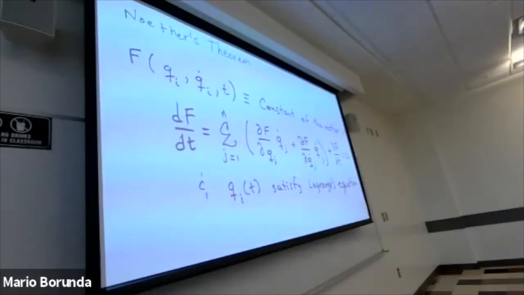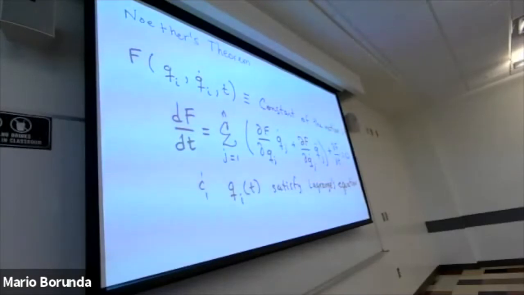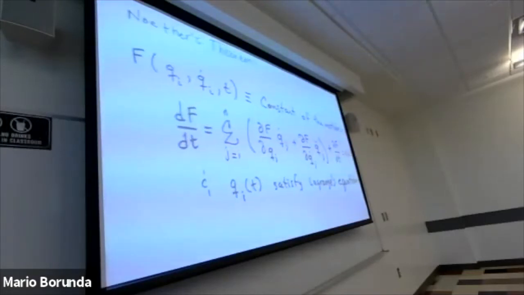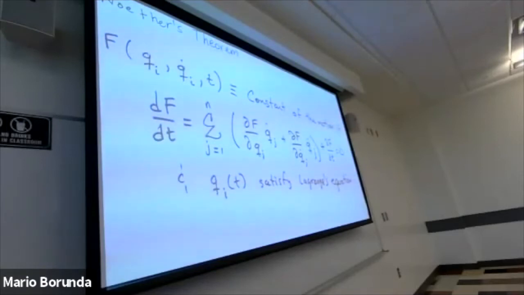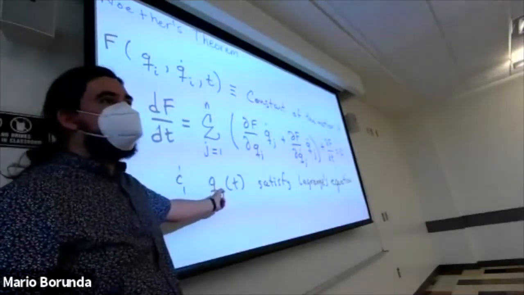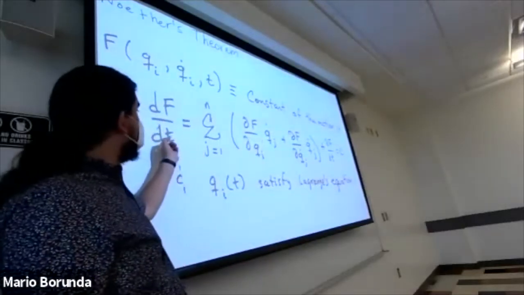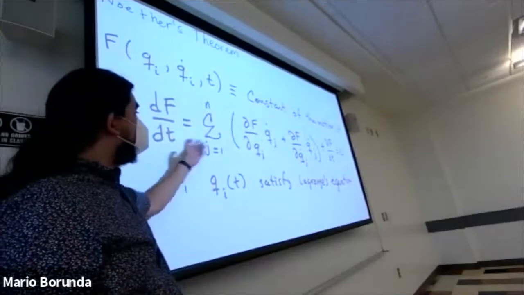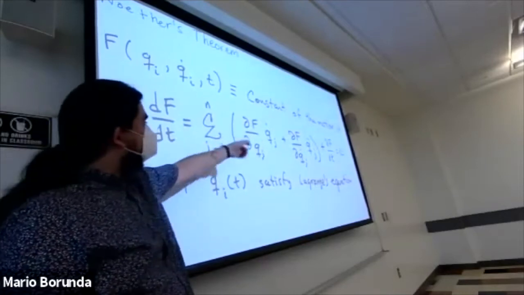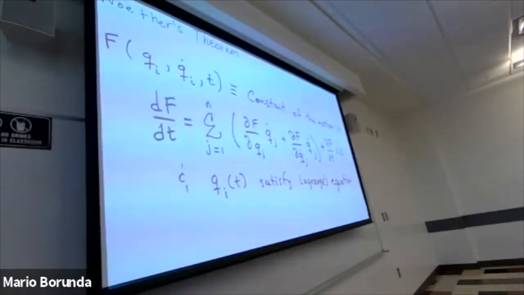So what this means is that f remains constant when you're following the path of the system given by these q's. So this is the path of the system, right? F satisfies that, and this is the definition of the derivative with respect to time of f, right? Partials, partials, partials. And if this is true, you have a constant of the motion.